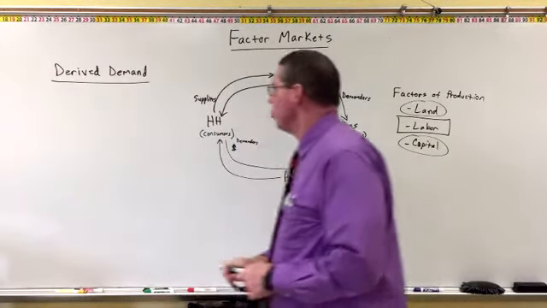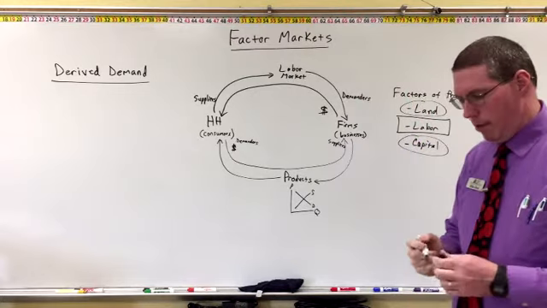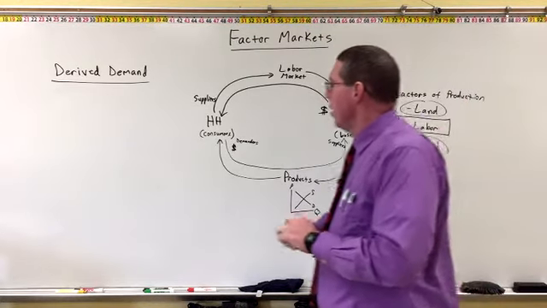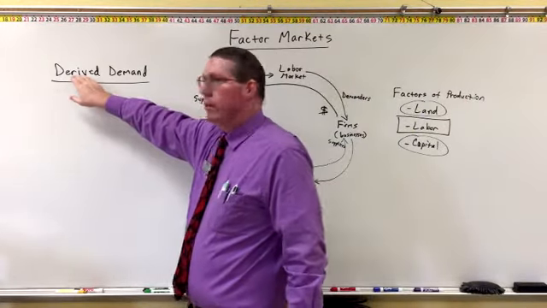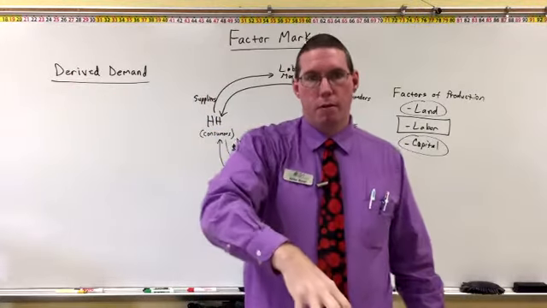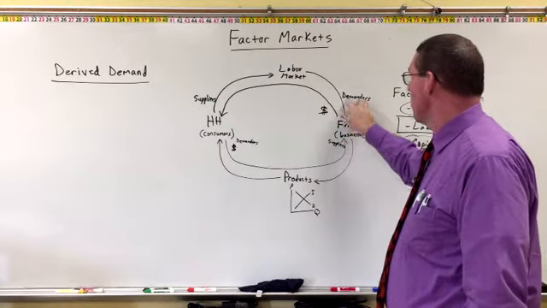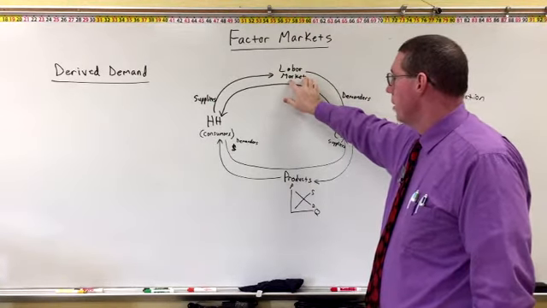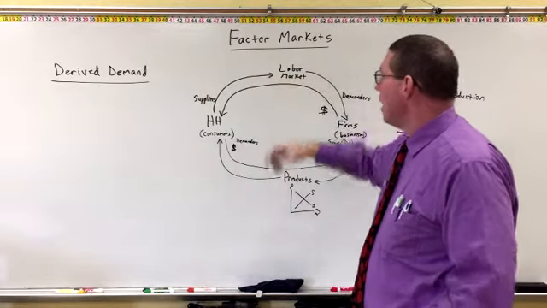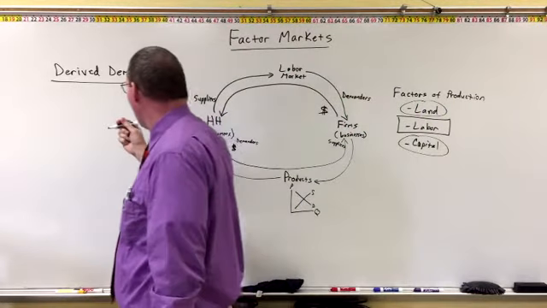The idea of derived demand is this. The word derived basically means like coming from something else. Okay? And the demand, since firms are demanders in the labor market, the demand for labor is a derived demand.